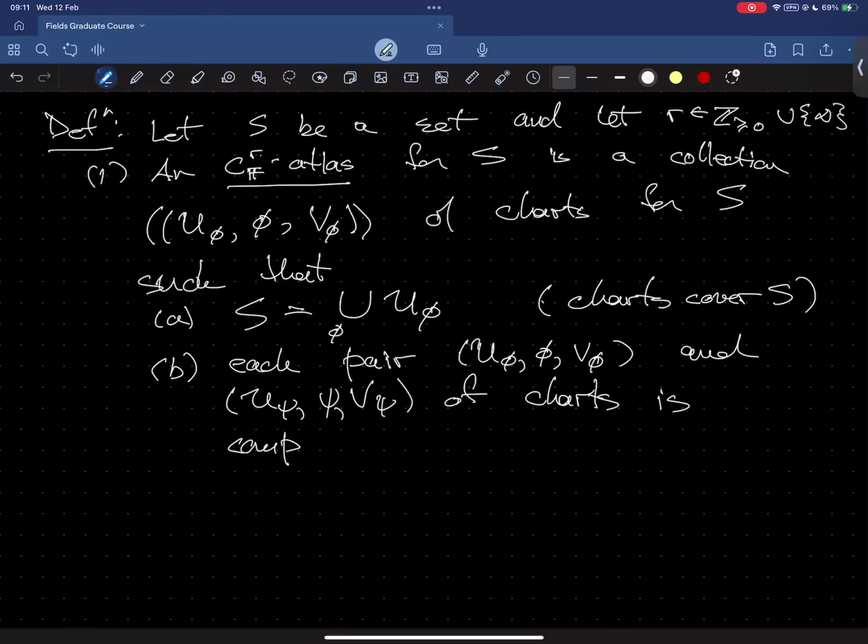They have to satisfy the overlap condition. So you just cover your set S with charts, and whenever they intersect, the overlap condition must be satisfied. So that's an atlas.